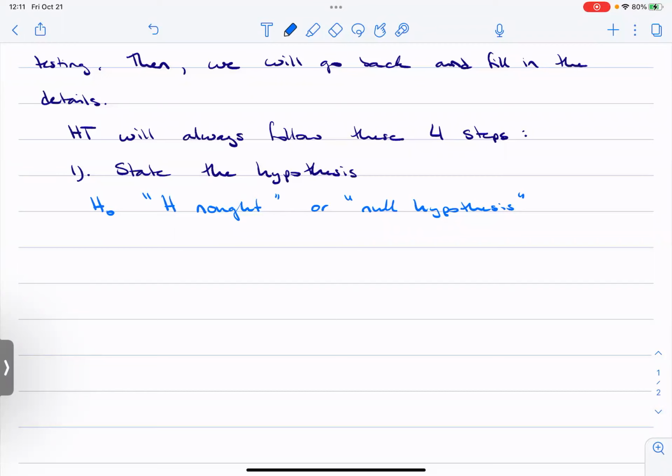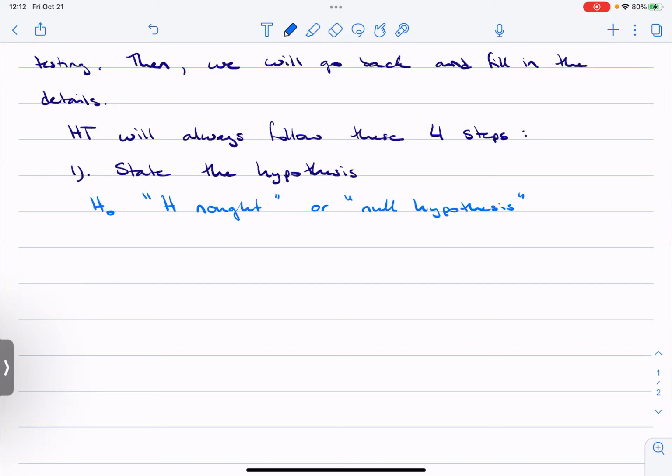So we're going to have a null hypothesis and we're going to have an alternative hypothesis. Now the null hypothesis is going to be a statement of no change. That doesn't really make sense right now. With the boiling water example, if I boil water and it does not evaporate, then there's no change. Whereas I actually think that it will evaporate.